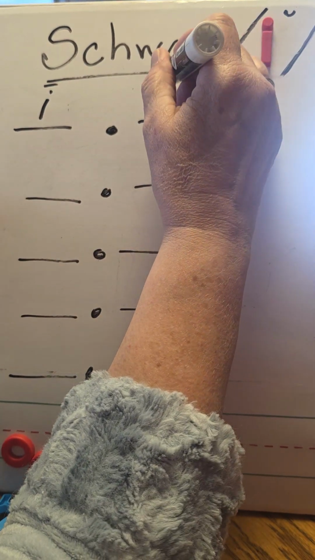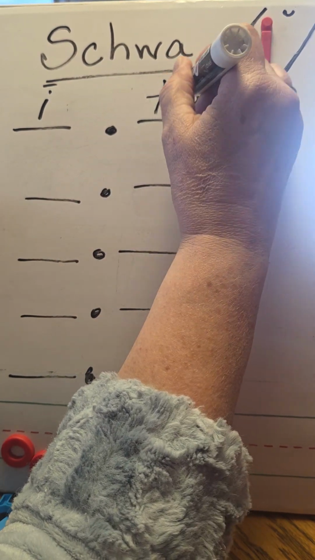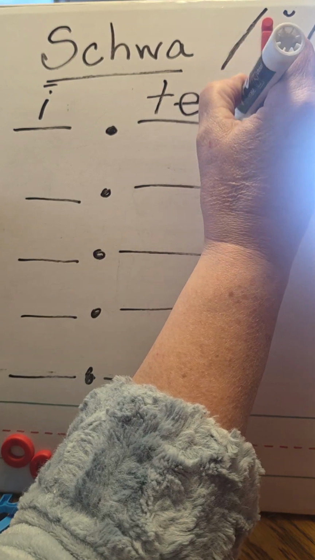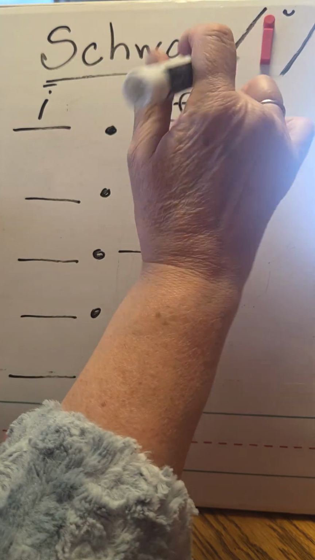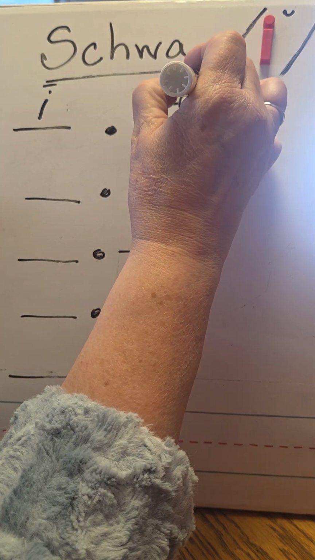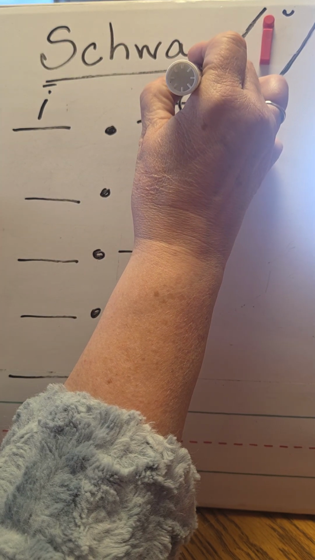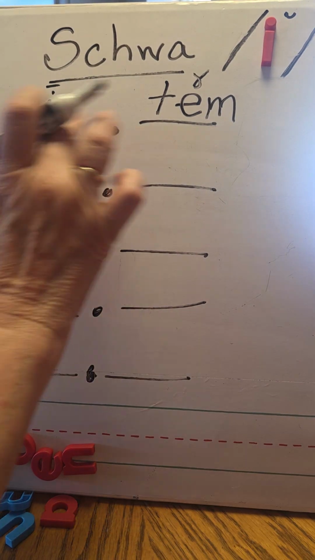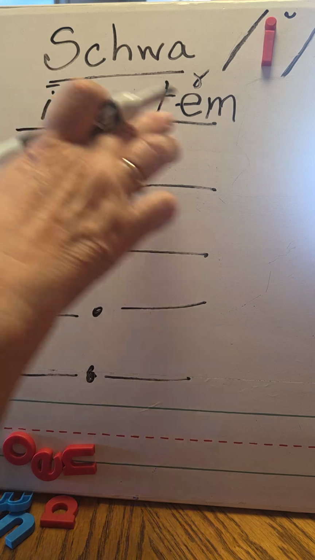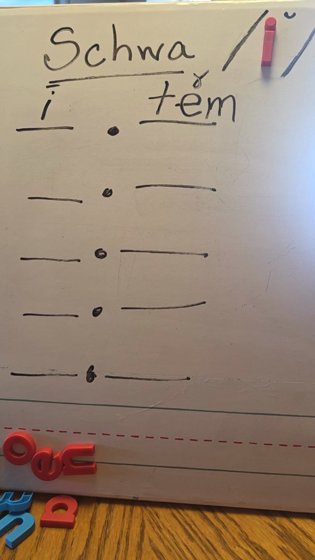Its own syllable. T. Item. It's not item. It's item. Here's the schwa sound. Remember, schwa is this little cute curly thing. Item.